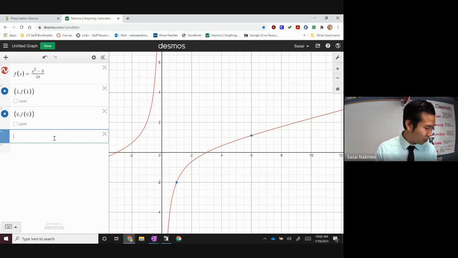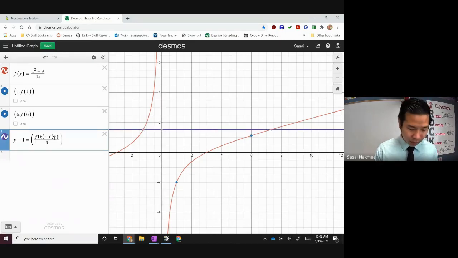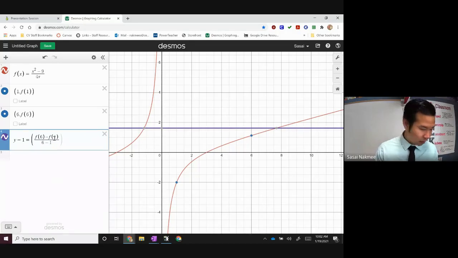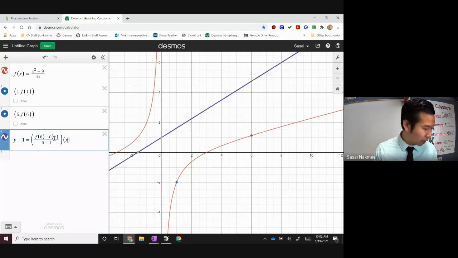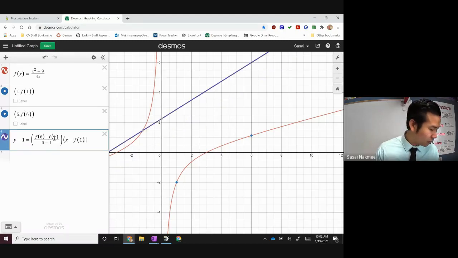So let me see here if my skills are still as good as they used to be. Let's see, y minus 1 equals, this is going to be a fraction, f of 6 minus f of 1 over 6 minus 1. Close that off, and this is multiplying with x minus f of 1. Did I mess that up? I think I messed that up.